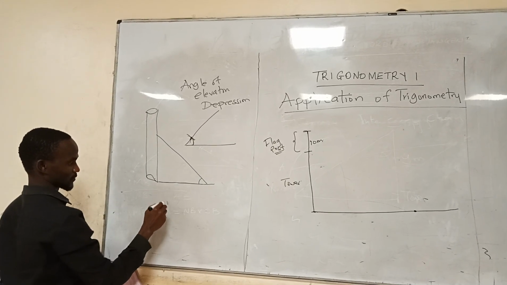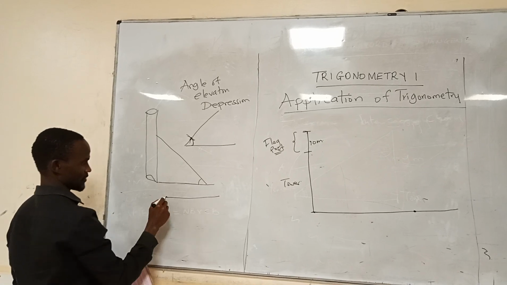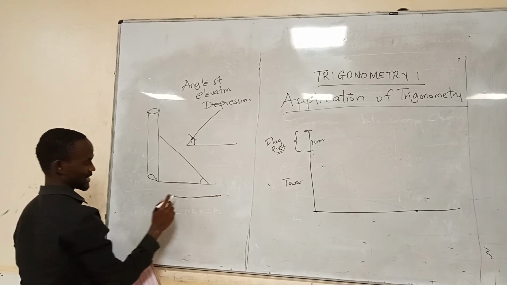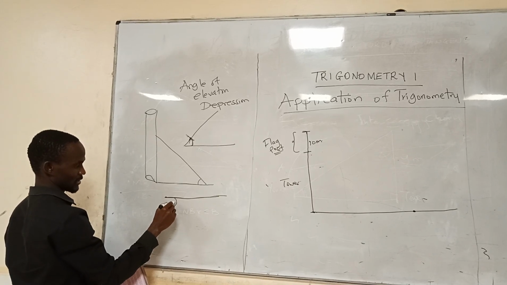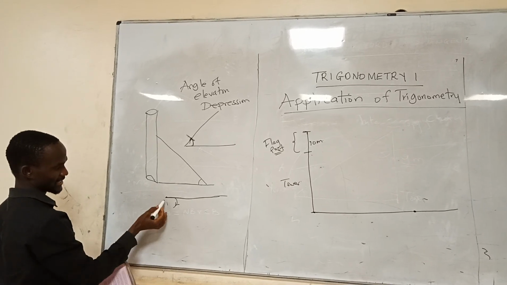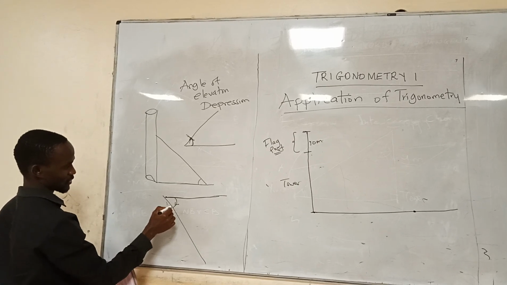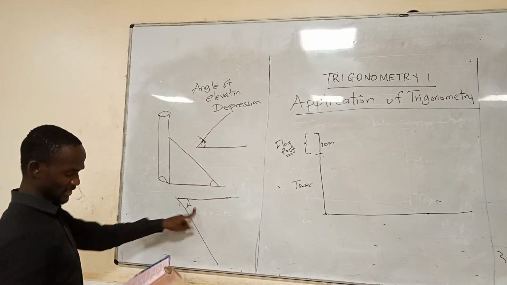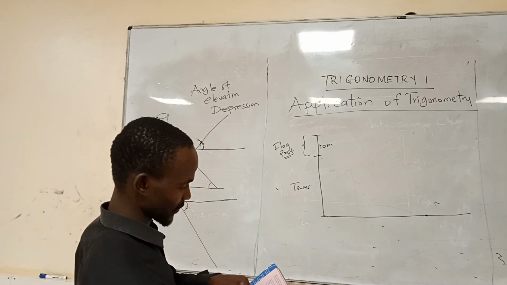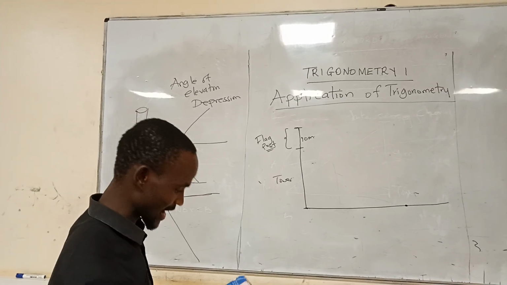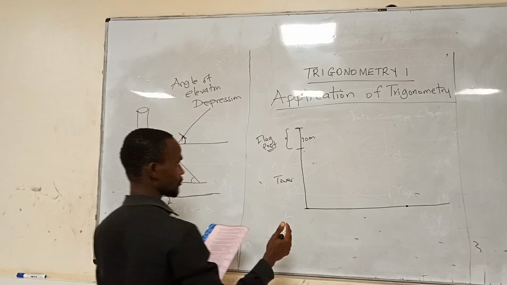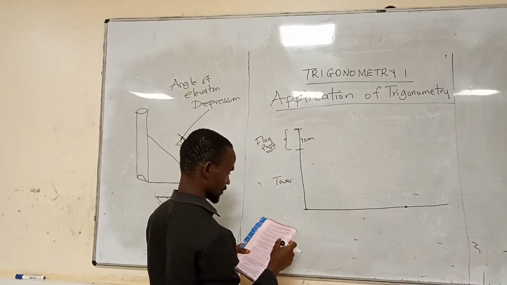If you are somewhere here and your eyes are fixed horizontally, the angle of depression is when you move your head downwards. So that one becomes your angle of depression. So they are saying the angles of elevation of the top and the bottom of the flag post.